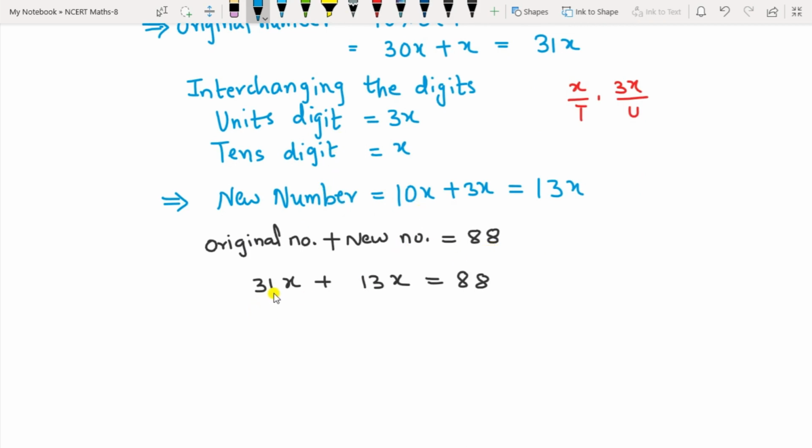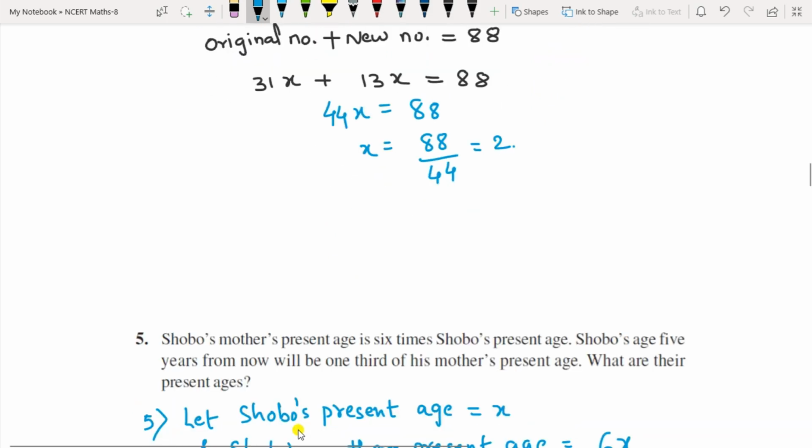So that is the equation. So 31x plus 13x equal to 88. Now solve it. 31 plus 13 becomes 44x equal to 88. So x equal to 88 by 44. That gives 2 as the answer. You need to find here the original number.